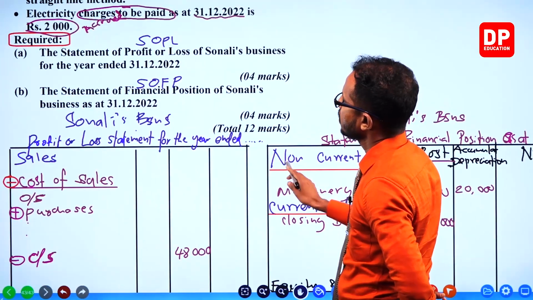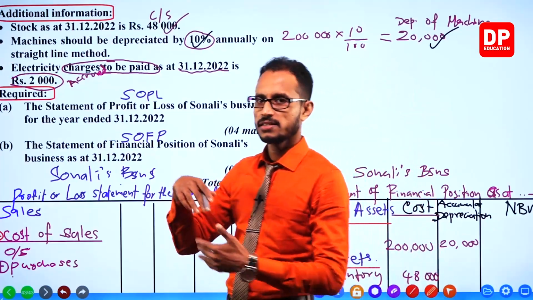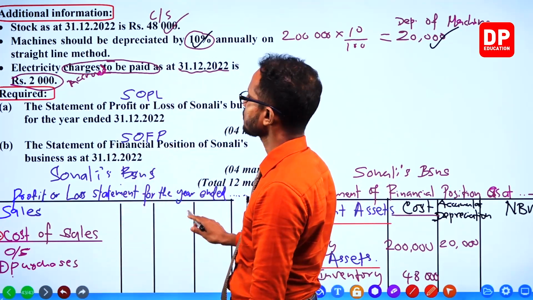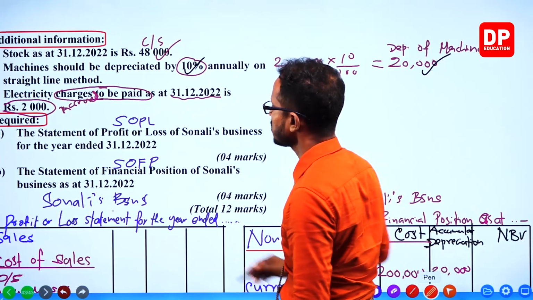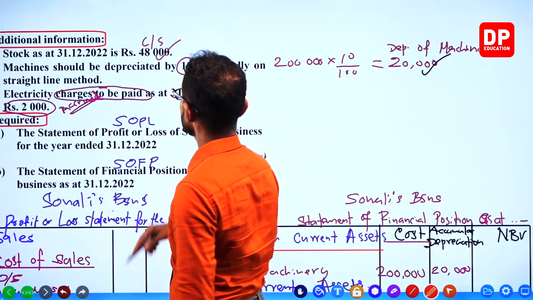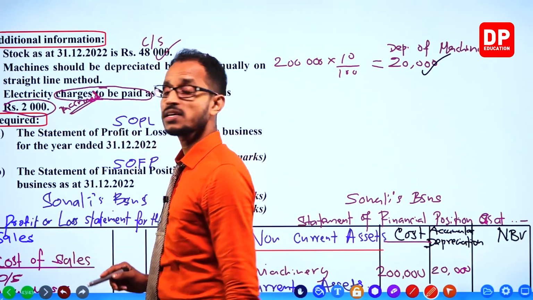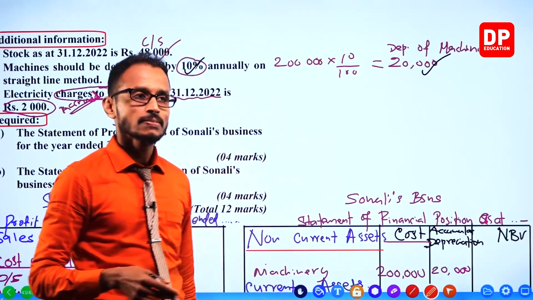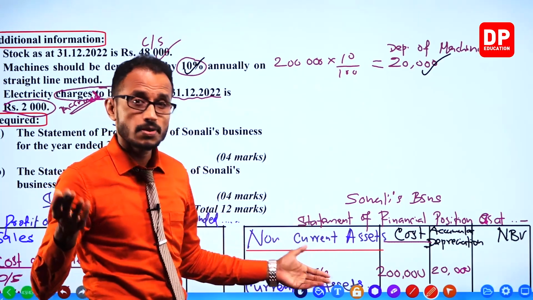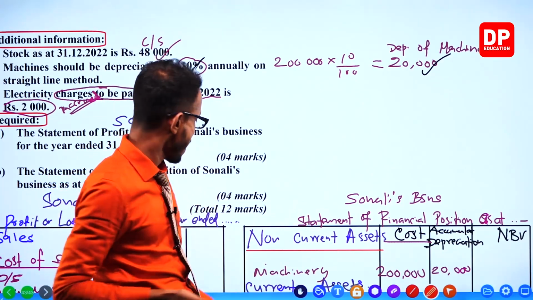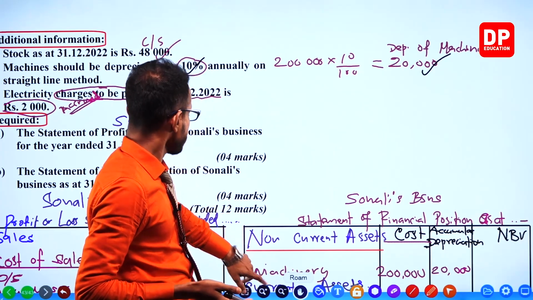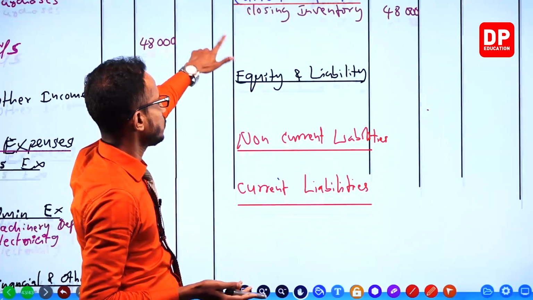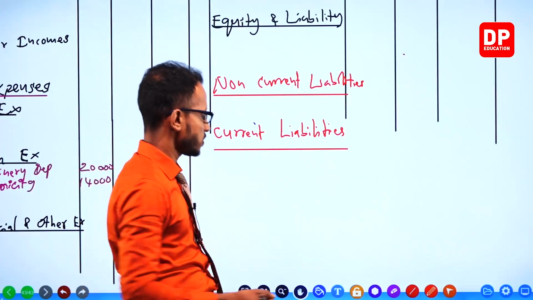Now we put that onto this side, but what about this side? Both statements. This electricity charge which is accrued, this 2000, becomes a liability because we haven't paid. Now we are owing. Owings are liabilities. So you put that 2000 under liabilities. What liabilities?